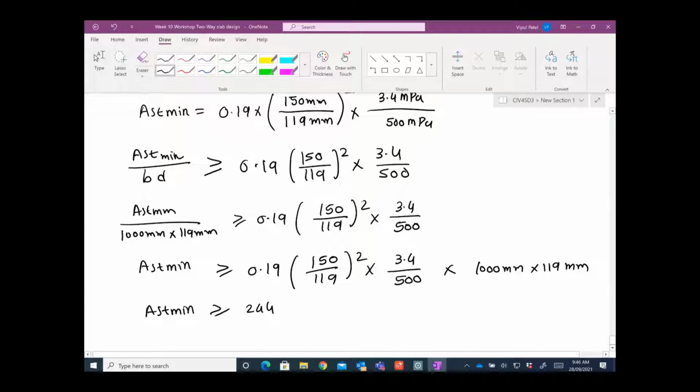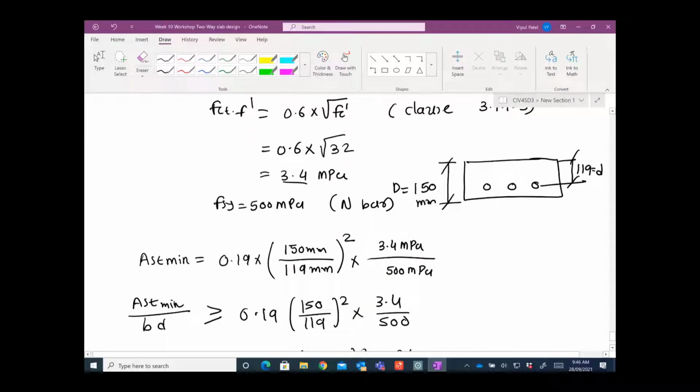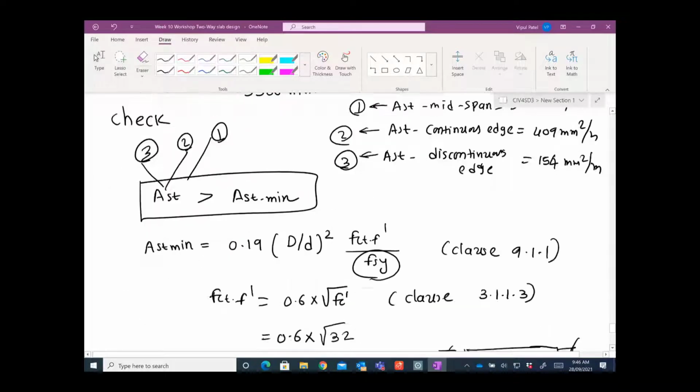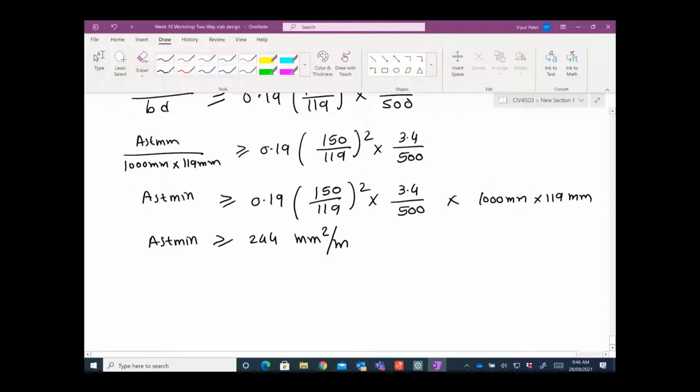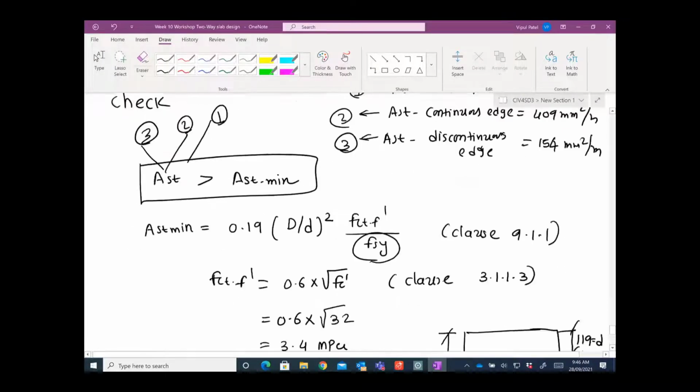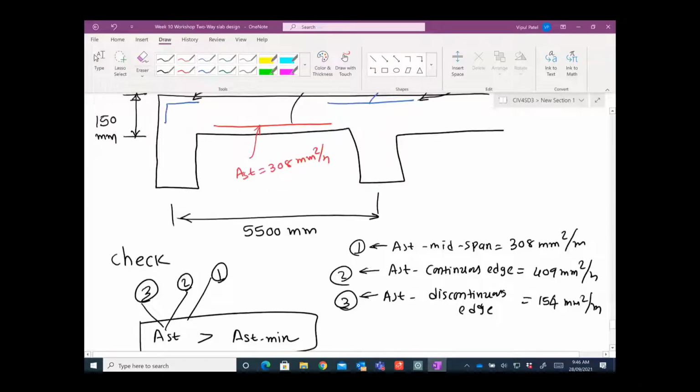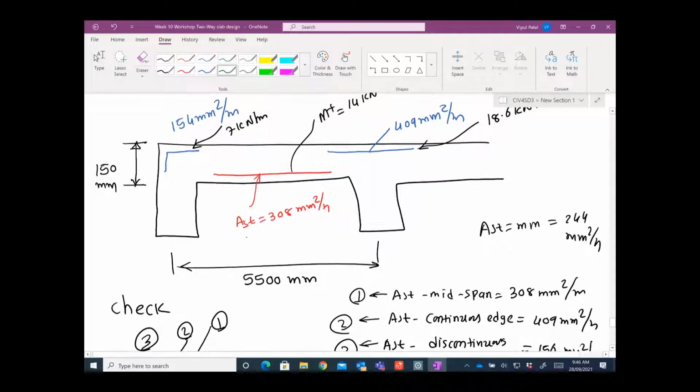That sounds good, millimeters squared per meter. So regardless of your calculations, this should be greater than 244 millimeters squared. So let's check. Ast minimum equals 244 millimeters squared per meter. So this is good. Let's put this on green.